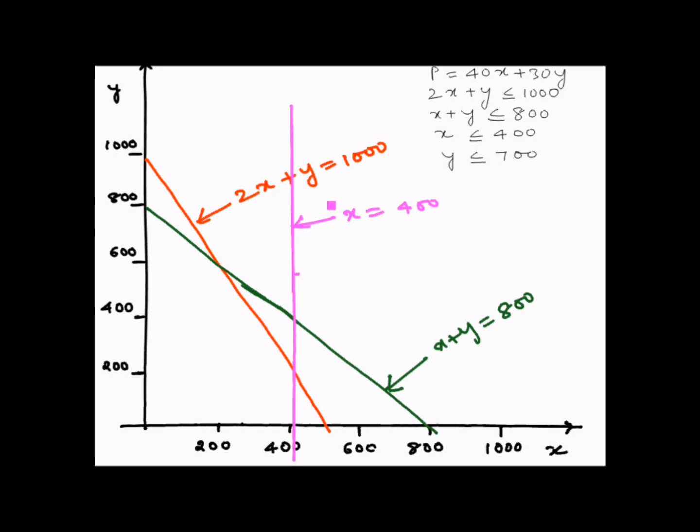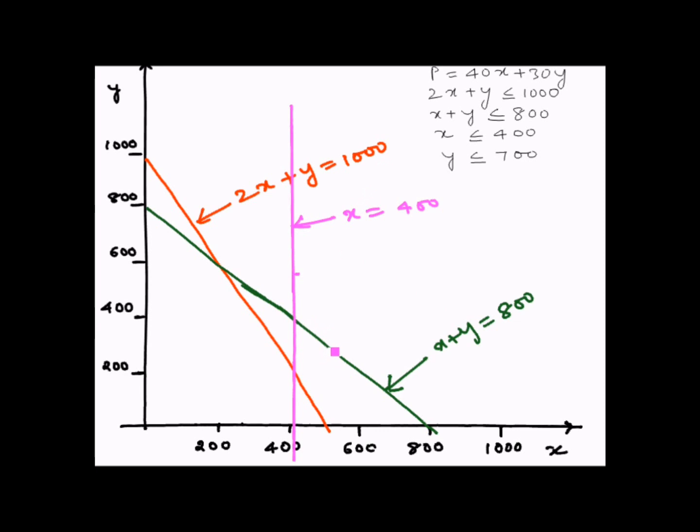So all the points on these lines represent the equation which has an equal sign. So suppose this line represents 2x plus y is equal to 1000. And all the points below this line represent 2x plus y is less than 1000.